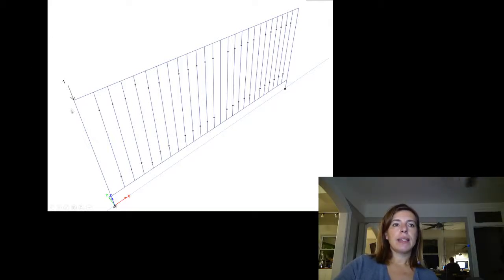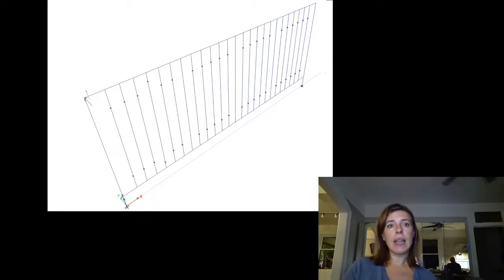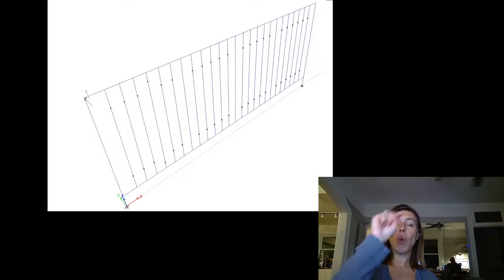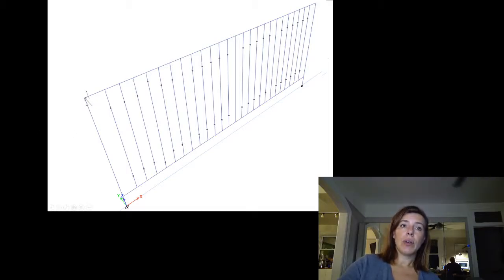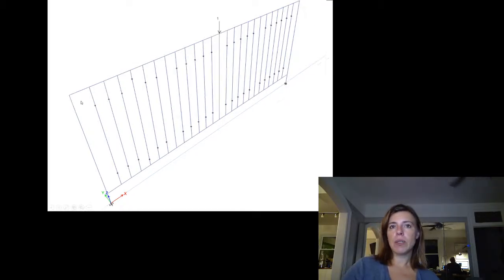1 kilonewton acting downwards over here on the post. I can't remember if it explicitly states that or not. I find it good practice to check the buckling of that element. 1 kilonewton along its length, 1 kilonewton as a point load here, pushing outwards on the guard, but at the post, because that's going to be the worst case probably for that post.